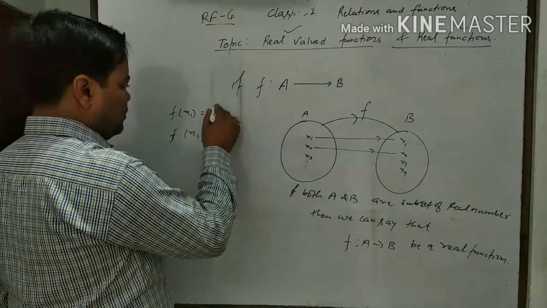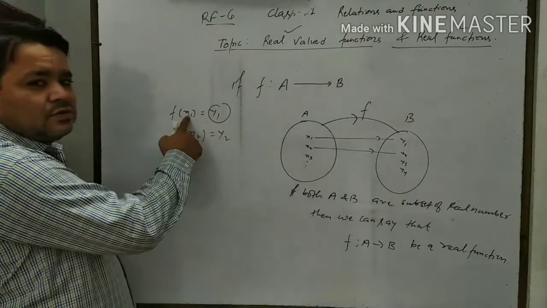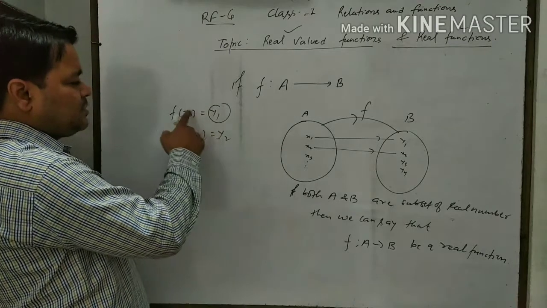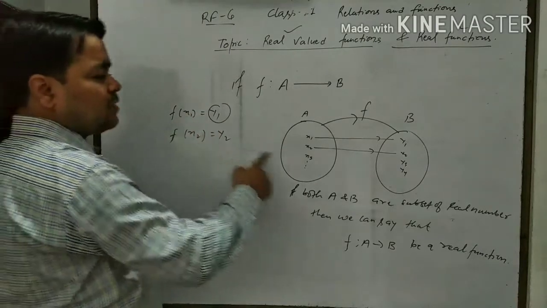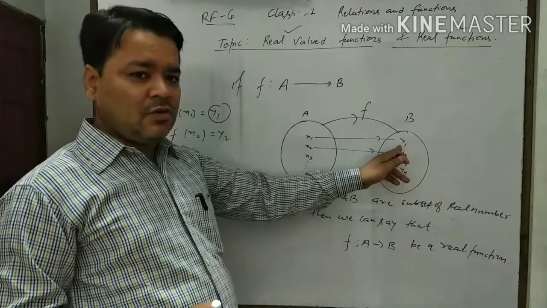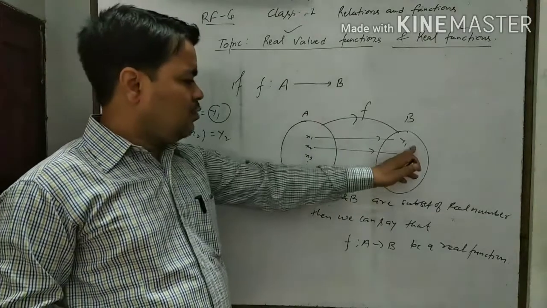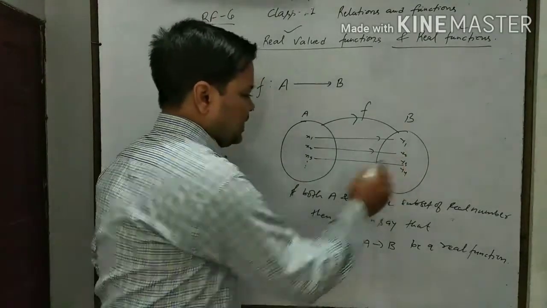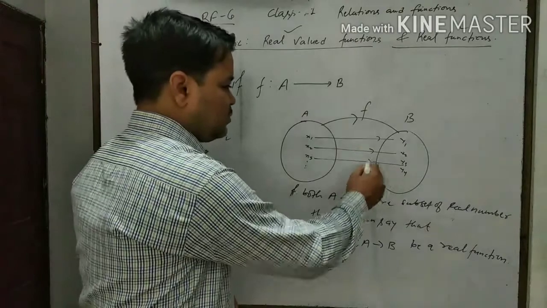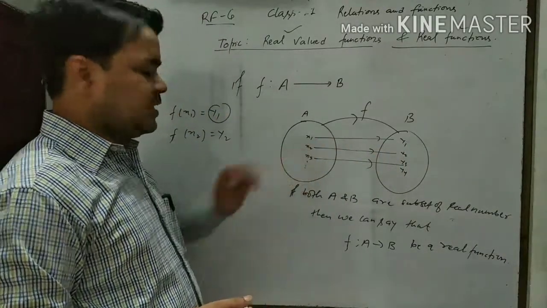What is y1? y1 is the image of x1, and x1 is the pre-image of y1. x1, x2, x3 are the pre-images of y1, y2, y3, and y1, y2, y3 are the images of x1, x2, x3.